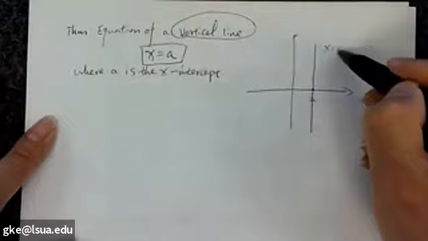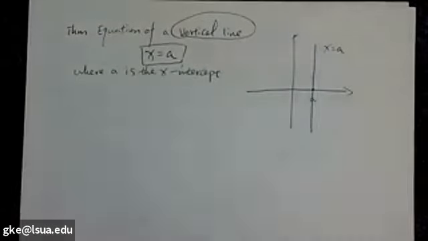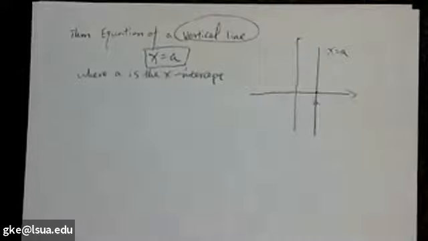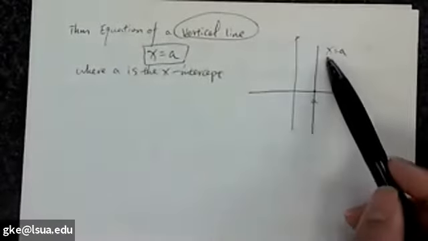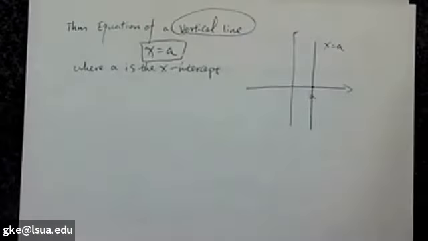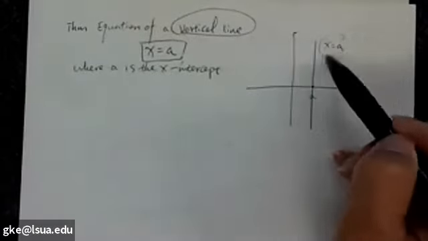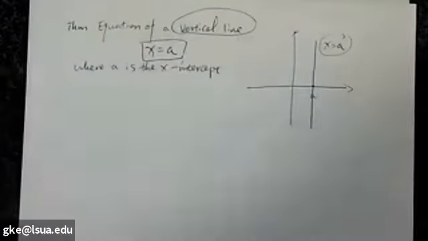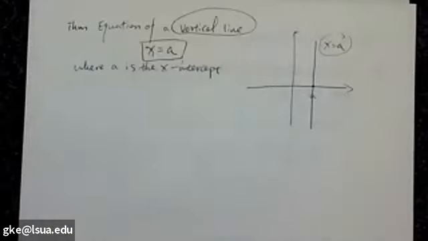That is the vertical line equation, x equals a. And be careful: the equation is x equals a, not a. A is a value. X equals a is a line.